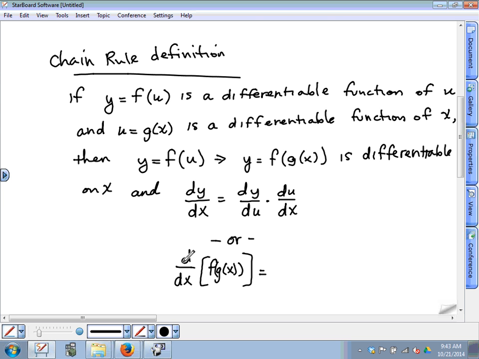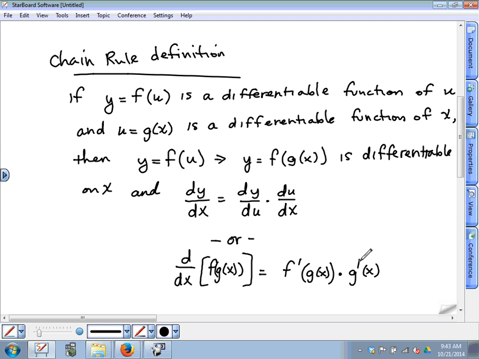Okay. So the derivative with respect to x of this composition f of g of x is equal to, write this carefully, f prime of g of x times g prime of x.